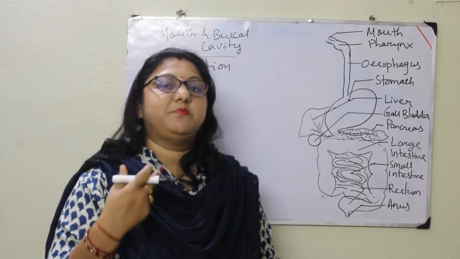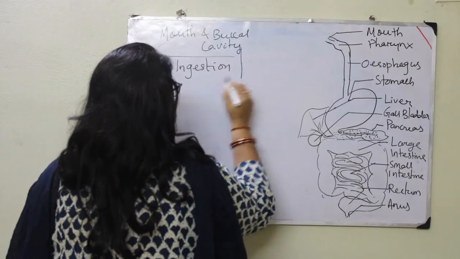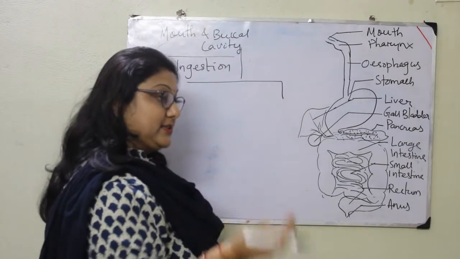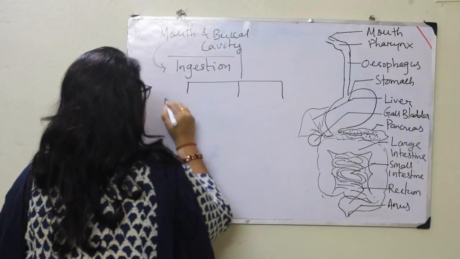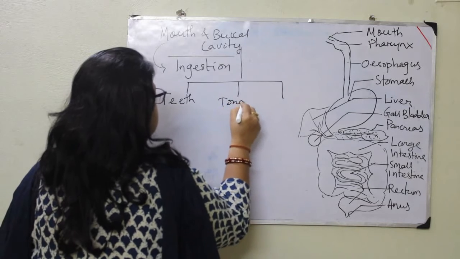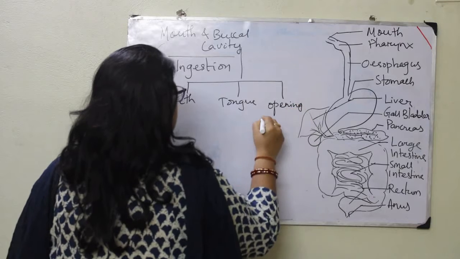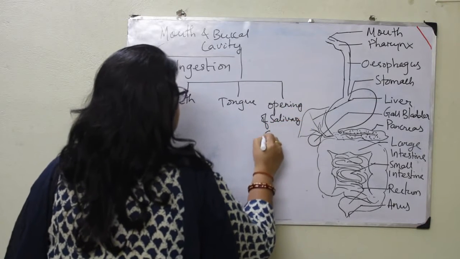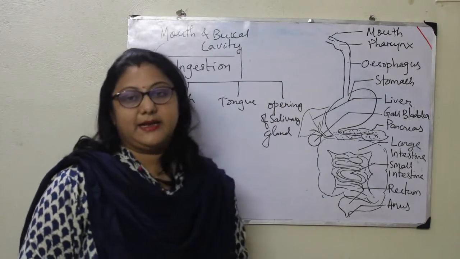So, what are the different parts present in the buccal cavity? The buccal cavity contains teeth and tongue, and it has the opening of one accessory gland, the salivary gland.